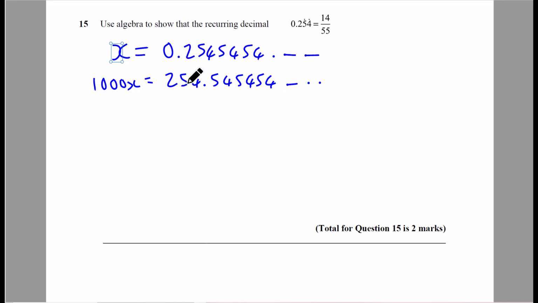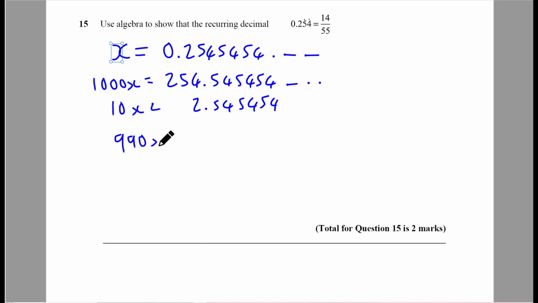Now we see we cannot subtract this well, so we want to do 10x to equal 2.545454. You see this is all repeating, so this can all cancel out when we subtract them.